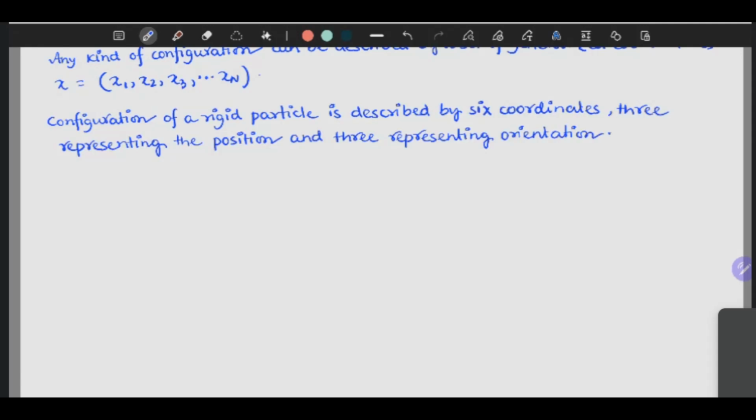So from there you can get six coordinates and you can talk about that. Okay.